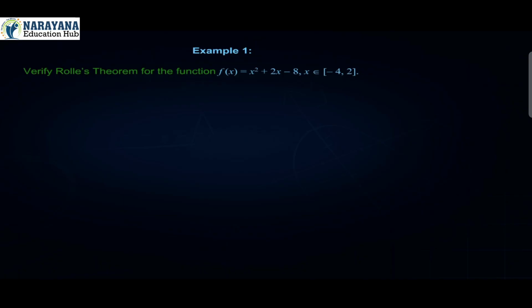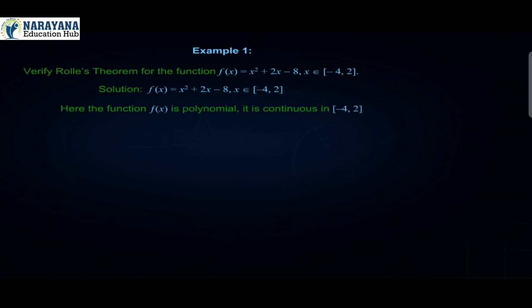Example 1. Verify Rolle's theorem for the function f(x) = x^2 + 2x - 8, where x belongs to the closed interval [-4, 2]. Solution: Here the function f(x) is a polynomial.